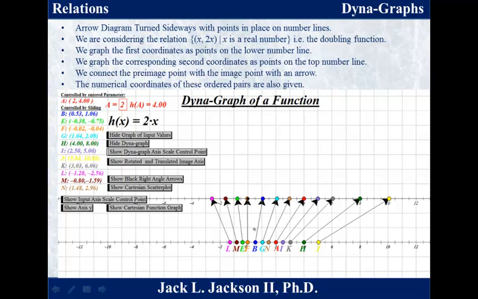So for example, the red one here, A, is given by the coordinates (2, 4), and so that's 2 on this axis and 4 on this axis. Sometimes we call a number line an axis. Okay, so we have our input axis, our input number line, and then our output number line.